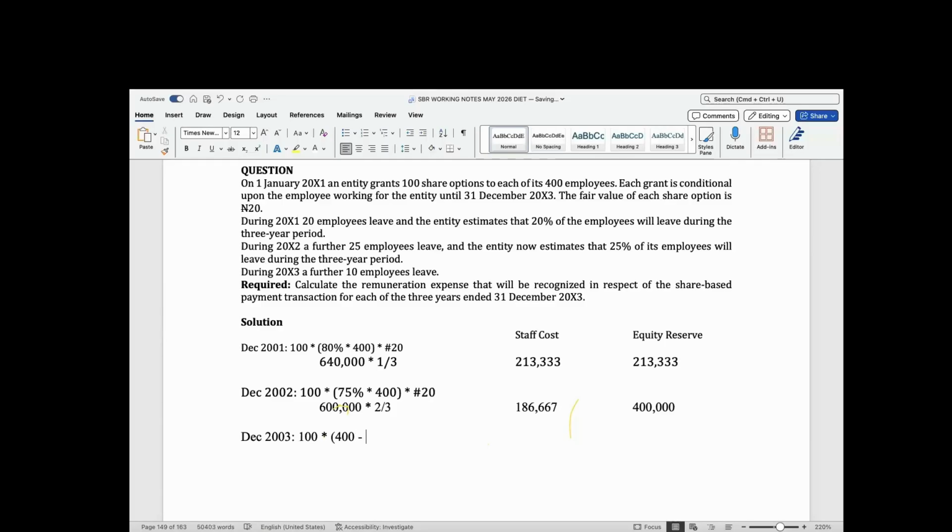How many left in year one? 20. No need for estimates. How many left in year two? 25. How many left in year three? 10. So times this.